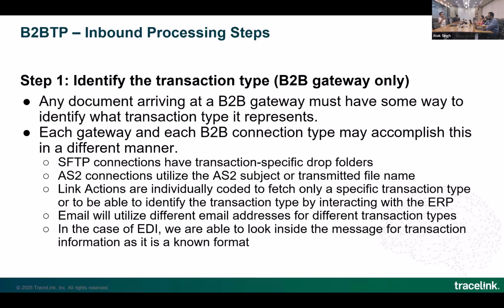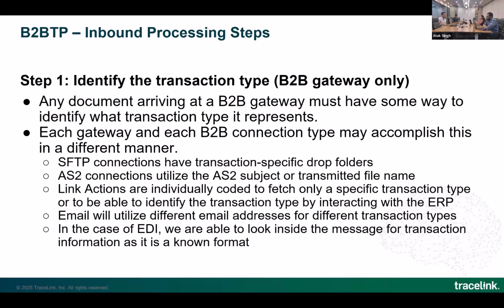That is why if you create a B2B SFTP connection, we are in the context of SFTP, but applicable for everything, if you create an SFTP connection under inbox, you create folders by transaction names, and you drop those files into those folders specifically so that B2B can identify that. So we are explicitly telling B2B that this is my purchase order, this is my ASN, and so on.